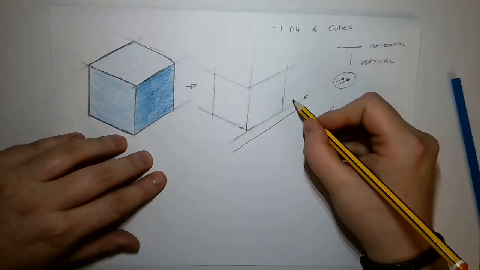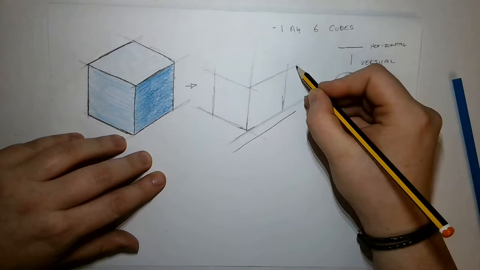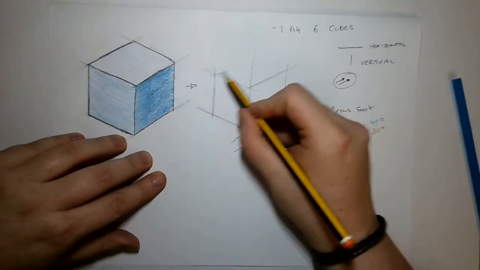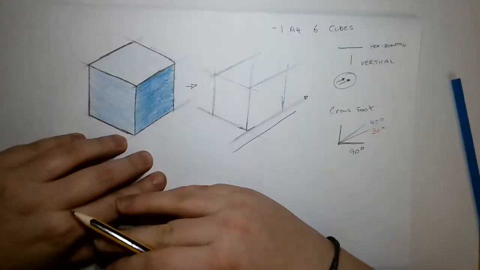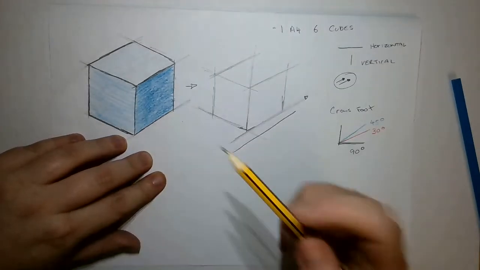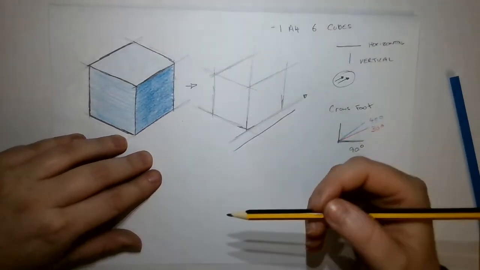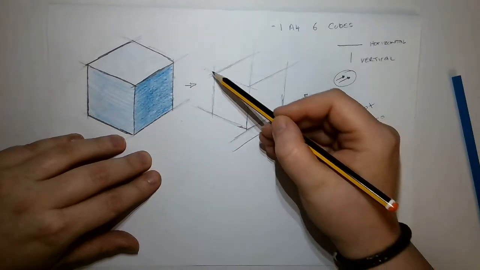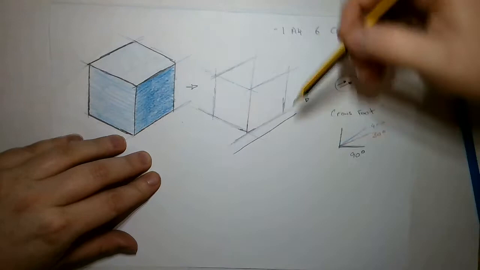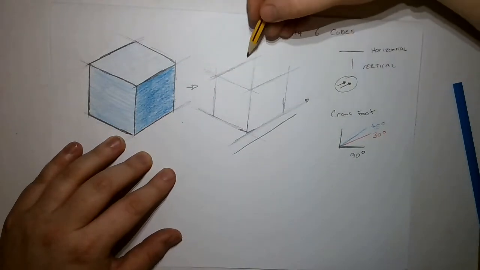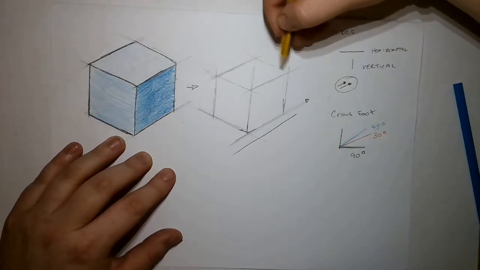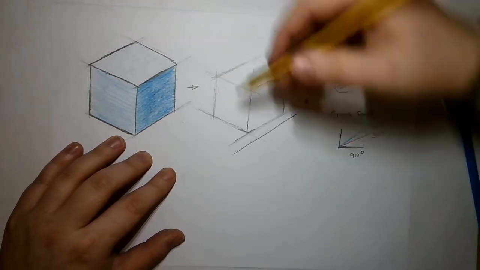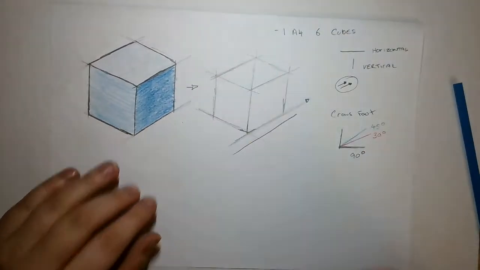So if that line is parallel to this line, then the line starting at this point here should also go back parallel, just like that. And the last one we have, as I said, if this line is going this way, this line is going this way, then that top line should be also parallel to them. And if we do all of this right, all of these X's where the lines cross over will add up.